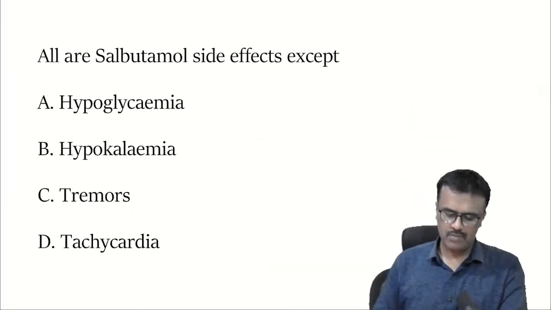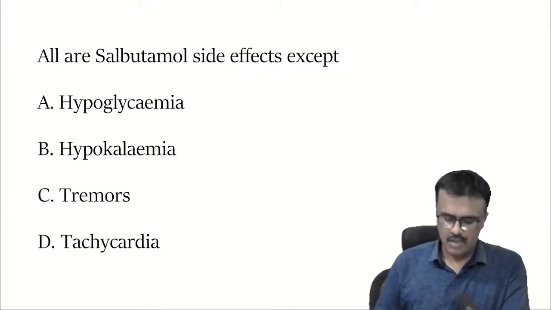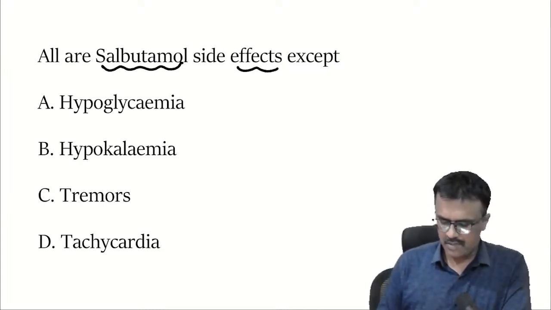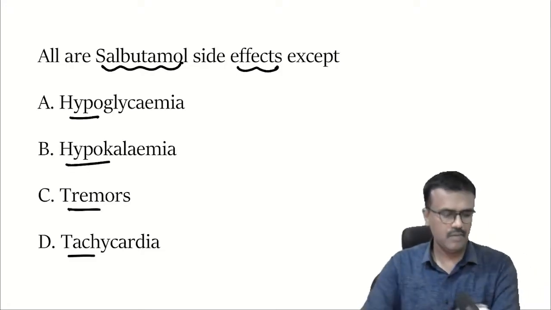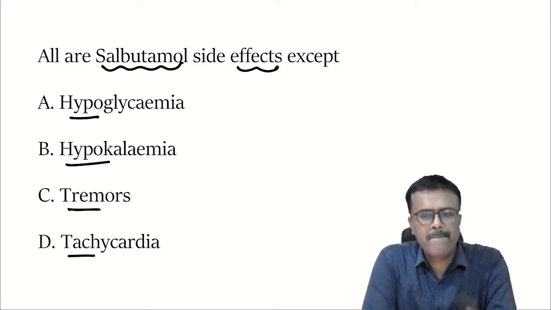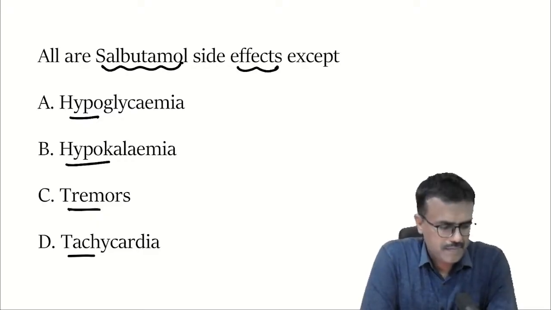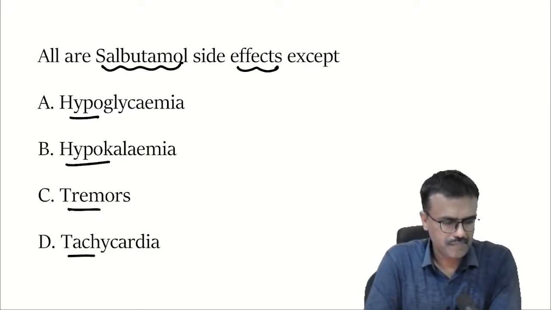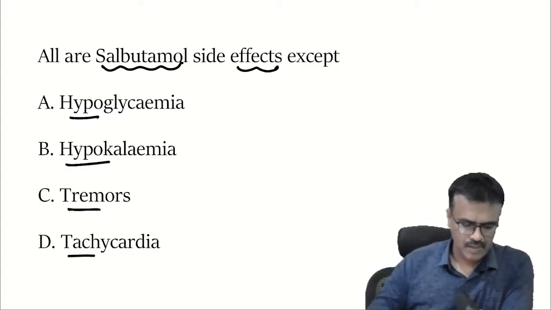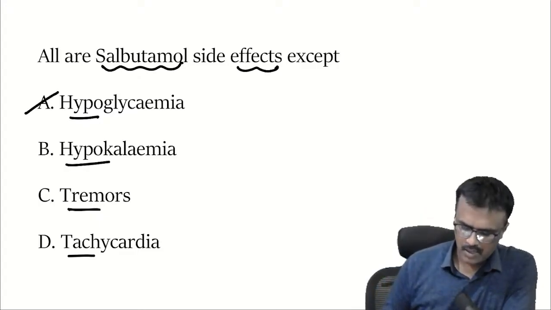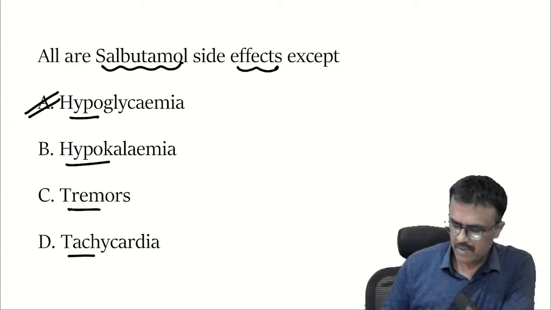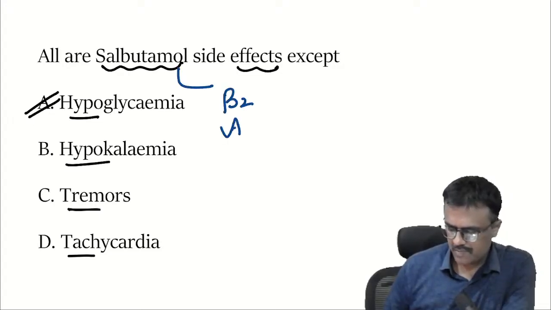Now coming to adverse effects, all are salbutamol side effects except hypoglycemia, hypokalemia. Can you answer this? So the answer is hypoglycemia. Remember, salbutamol is a beta 2 agonist.